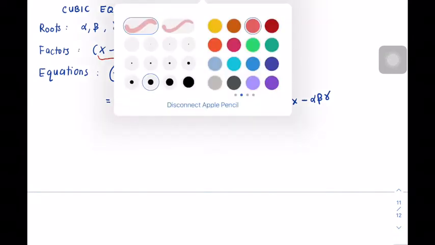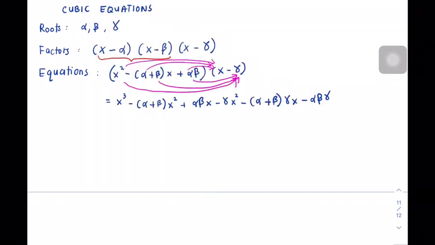Now we look for the like terms. You can see there's x squared here and x squared here, and then x here and x here.